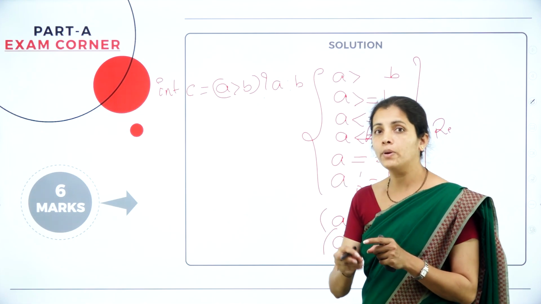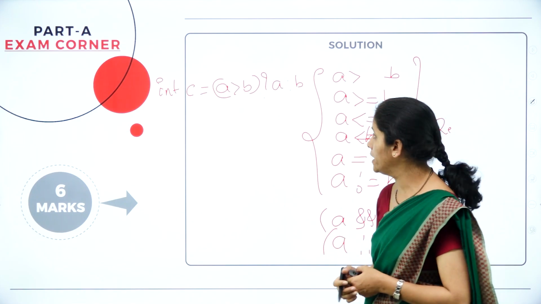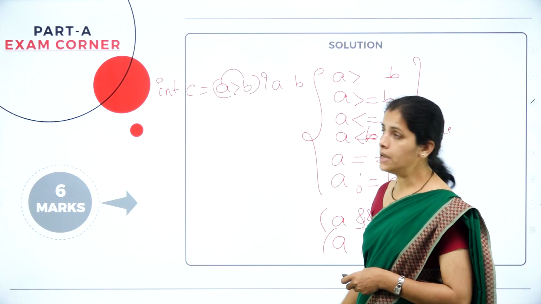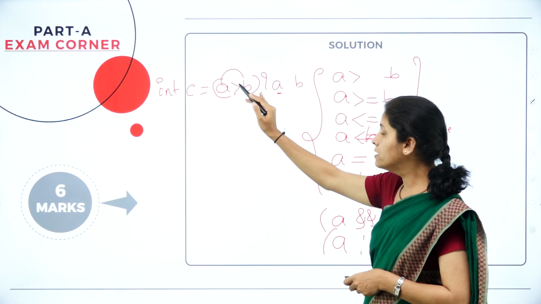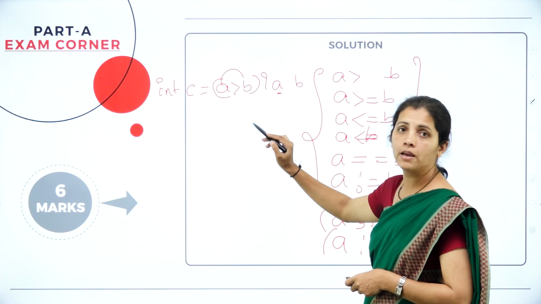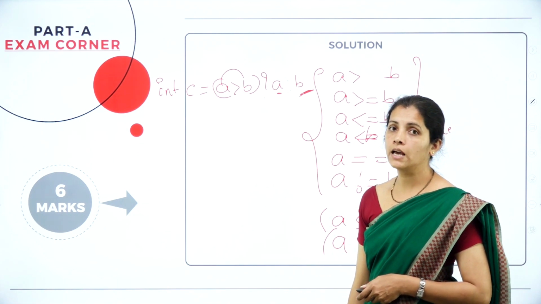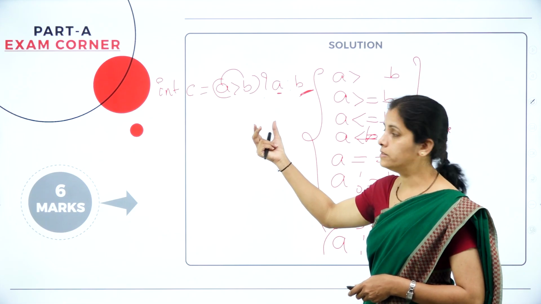Conditional operators are nothing but the ternary operator or special operator. If A is greater than B, the condition is true, it returns A. If the condition is false, it returns B. These are the examples for conditional operator.